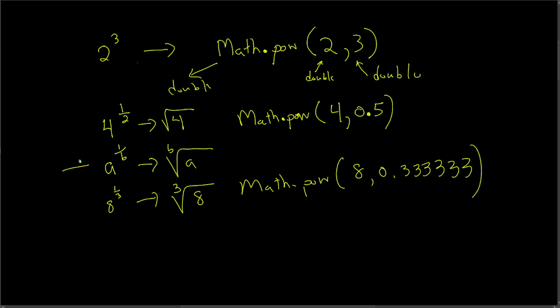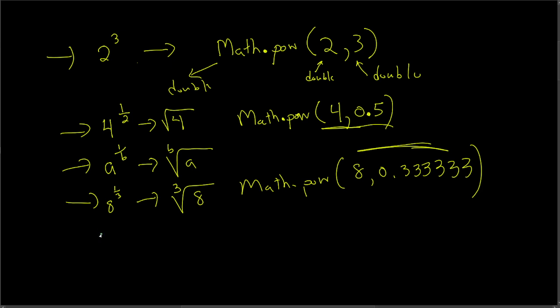So we can look at the algorithms for doing powers, knowing mathematically that we have a relationship between powers and roots. And we can put that in math.pow. And we'll look at cube roots more because we're going to have some issues with the precision of decimal representations.